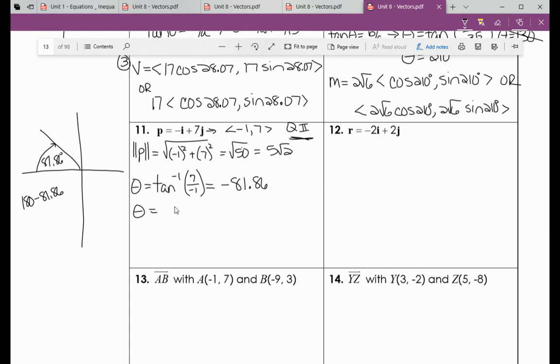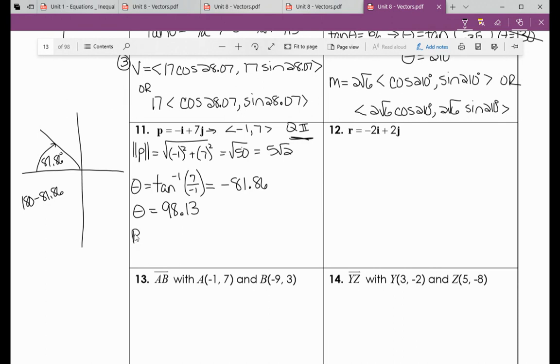So 180 minus that answer. I apologize, I did a minus a negative, which did not work out too well. 98.13 is our directional angle that we are going to use. That angle does fall in quadrant 2.